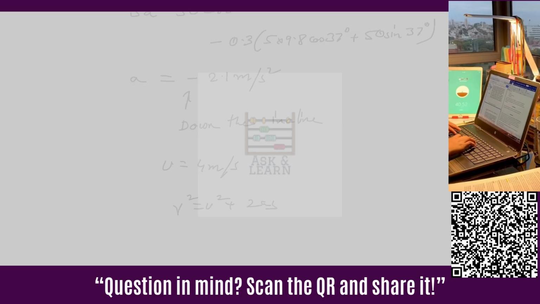So v will be 0, u is 4, so 0 equals 4 squared minus 2 times the acceleration, 2.1, times s, where s is the maximum distance it will travel up the incline. So this is 16 divided by 2 times 2.1, which is 3.33 meters. This is the distance it will cover up the incline.